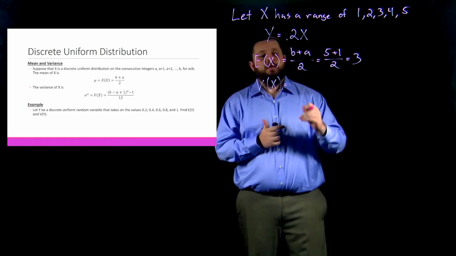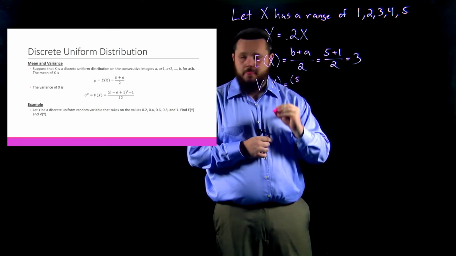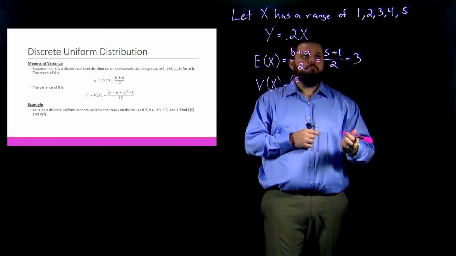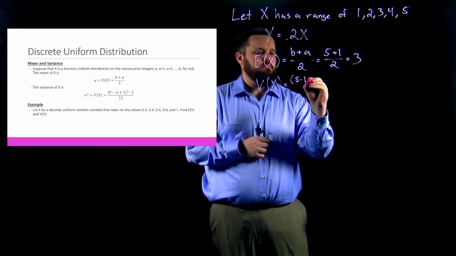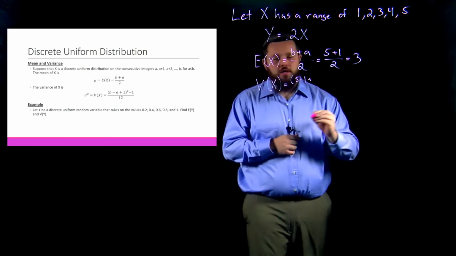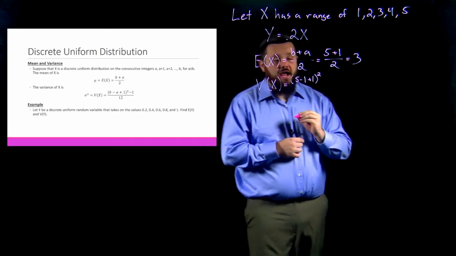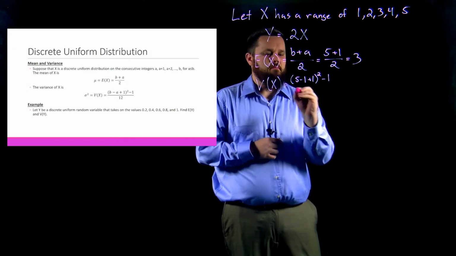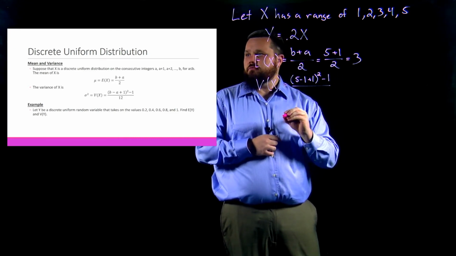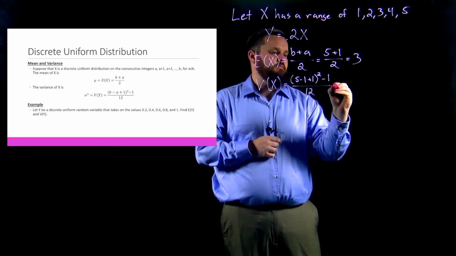Well, b is 5, minus a, which is 1, then plus 1, that quantity squared, minus 1, divided by 12.